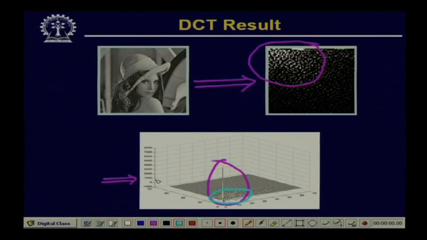This is a very important property of the discrete cosine transformation, which is called the energy compaction property.